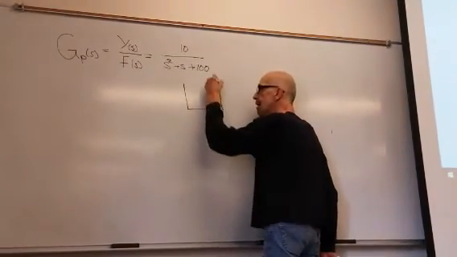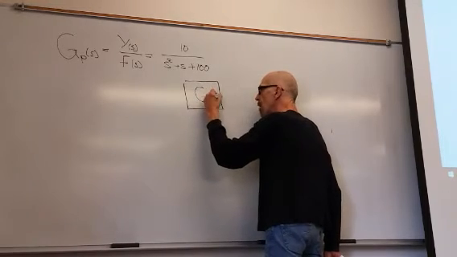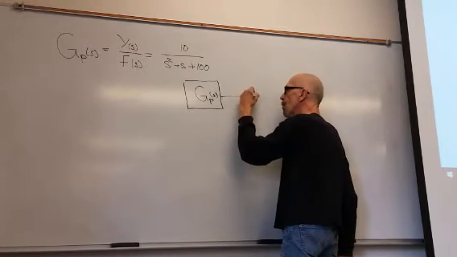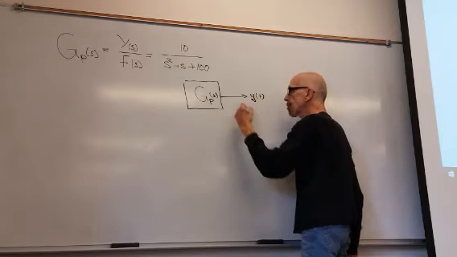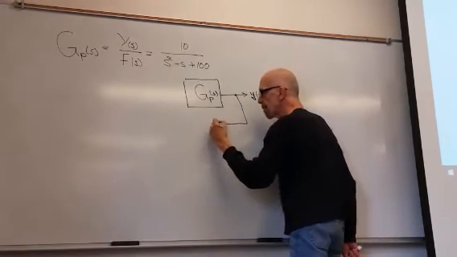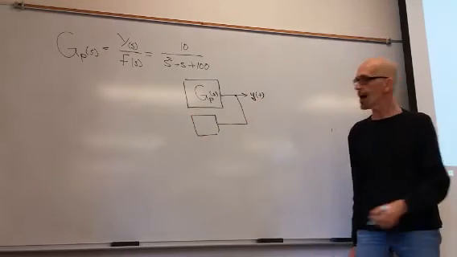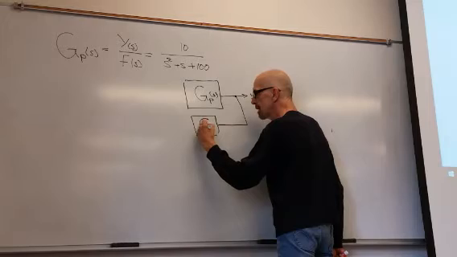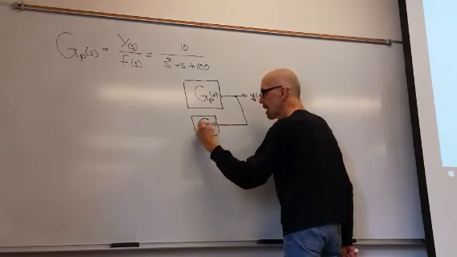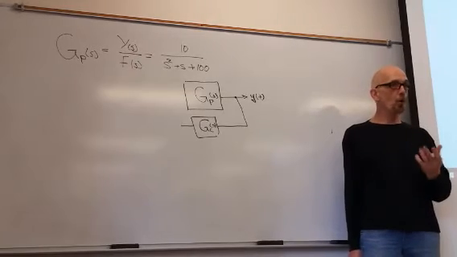We have a plant here. It's the wing. We have a wingtip displacement, y(t). We measure that displacement and feed it back through a controller in the feedback loop, and I'll explain why in a minute. Gc(s). The controller output is what? It's a force.